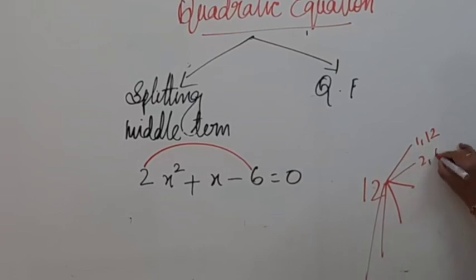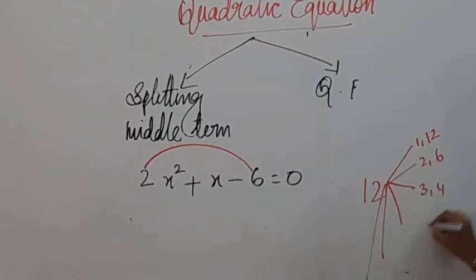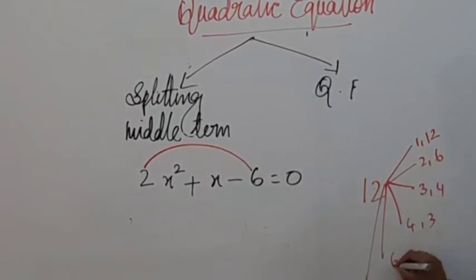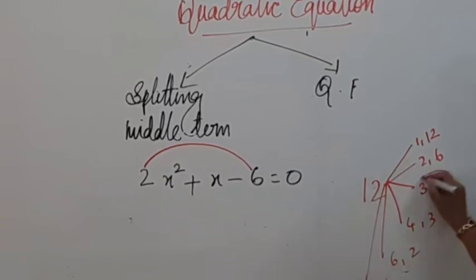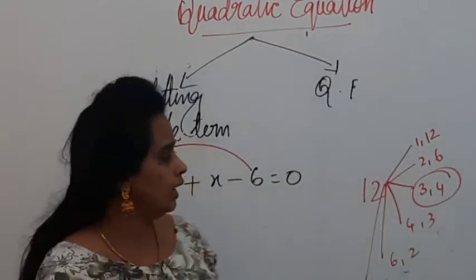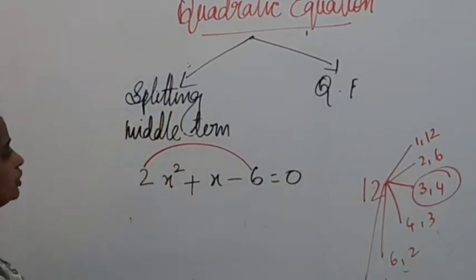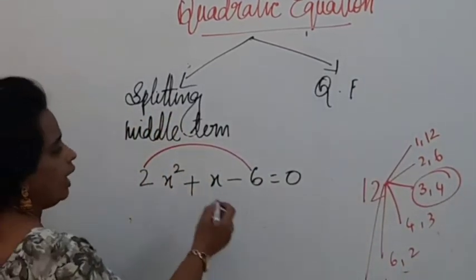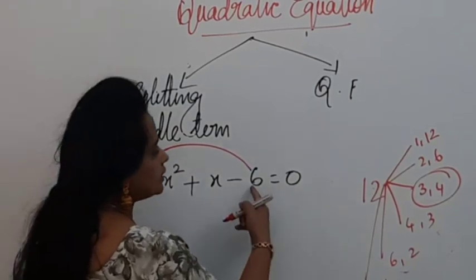1 12s are, 2 6s are, 3 4s are, 4 3s are, 6 2s are, and then 12 1s are. You have to pick one pair of factors such that 3 and 4. So I should get plus 1 and minus 6.